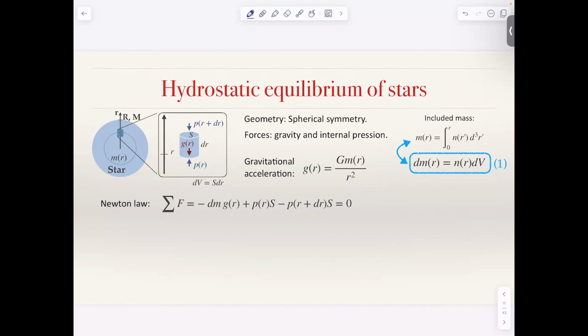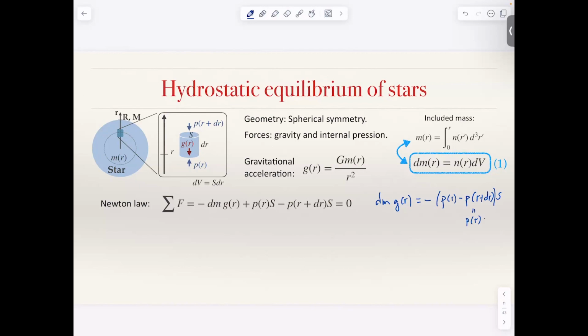Okay, so from that, I can say dm g of r. Since I'm in hydrostatic equilibrium, the sum of all these forces is 0. Okay, so this is the equation I have to solve. So I can say that dm g is minus P of r minus P of r plus dr, times S. And for P of r plus dr, I just make a Taylor expansion.